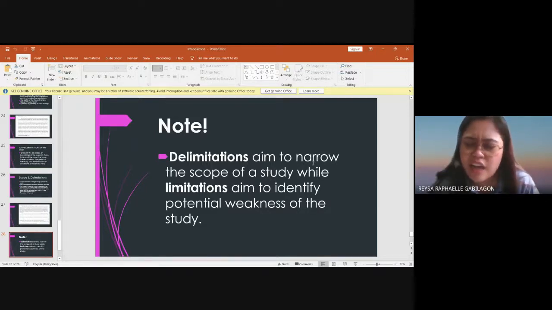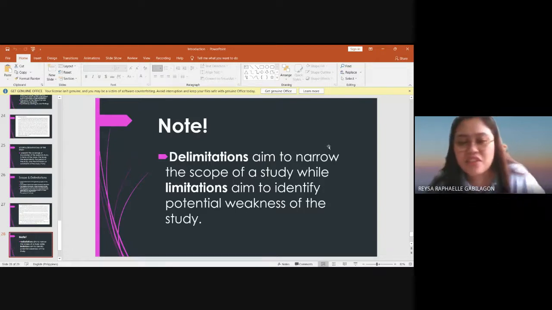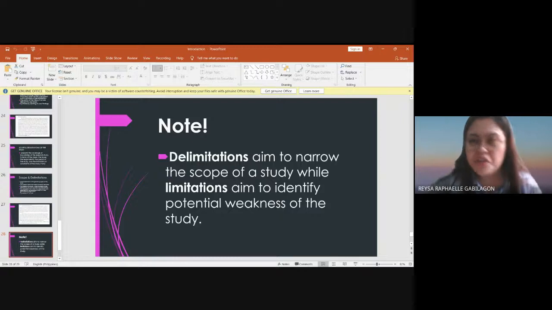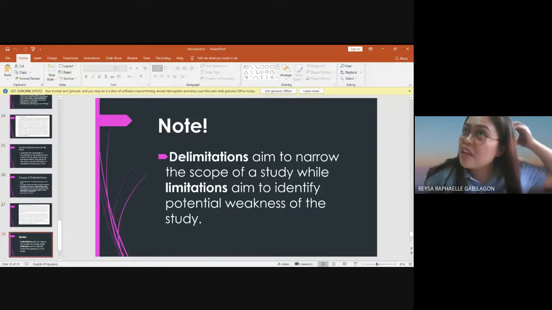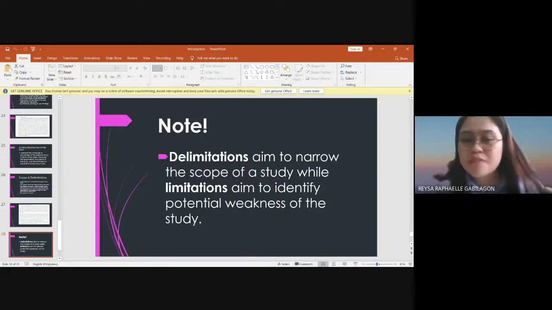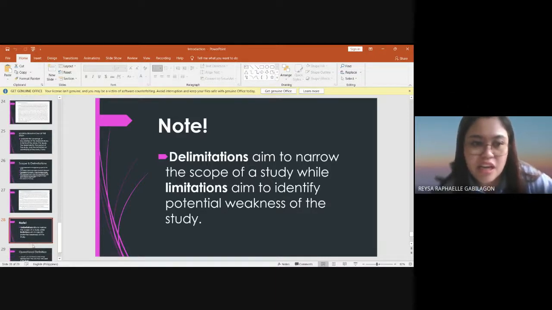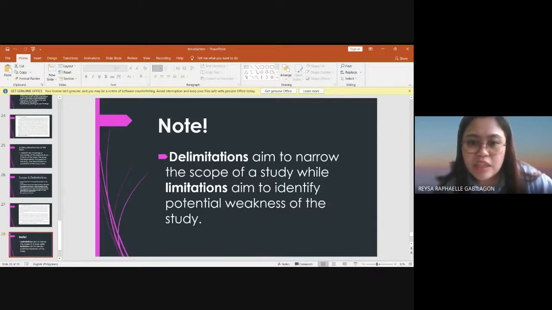Since I cannot access a current or existing anti-angiogenic agent that is approved as anti-angiogenic, that became a weakness of my study. Because you cannot call an experimental study a true experimental without the positive control. So that is just an example. That's all for today.